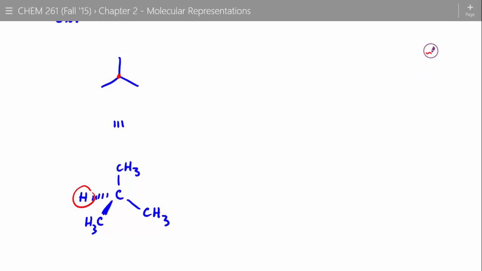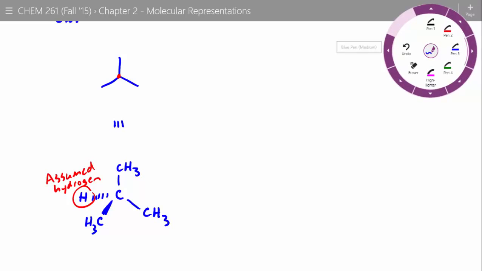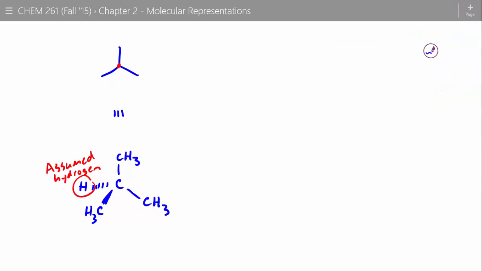So we can't forget about the assumed hydrogen. So what's the shape of this molecule? Tetrahedral. Which means that all of the angles in here should be about 109.5, right?